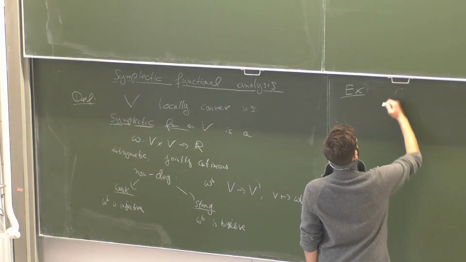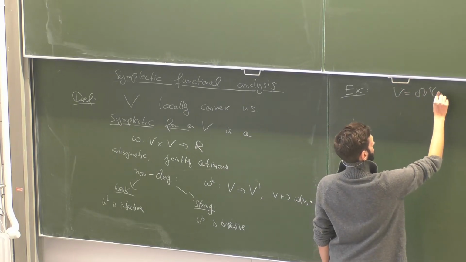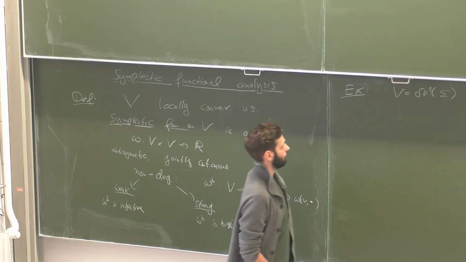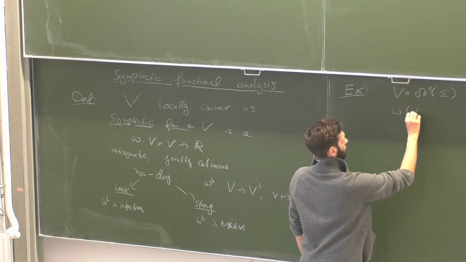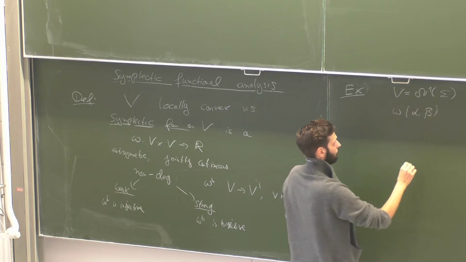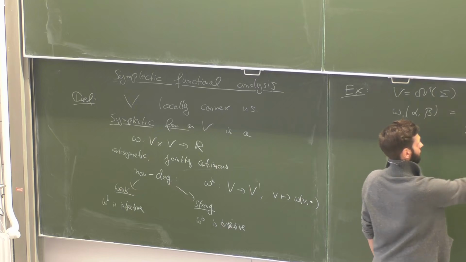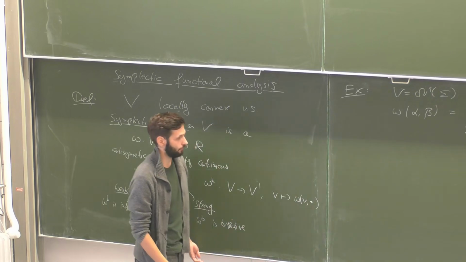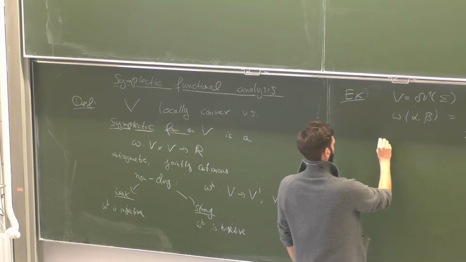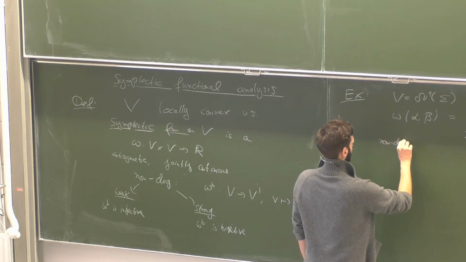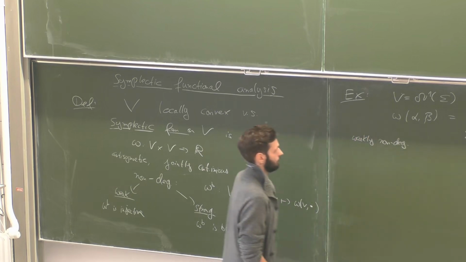But one of the standard examples that we had was V being the space of all one forms, say on a closed surface. The symplectic form eats two of these one forms, we take the wedge product of them to get a 2-form on the surface, and then we integrate over that. And that form is weakly non-degenerate.